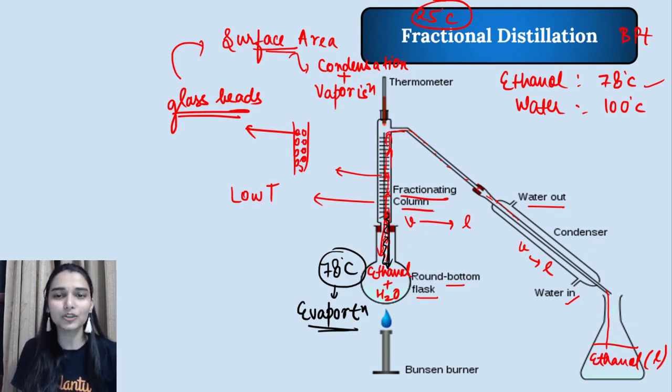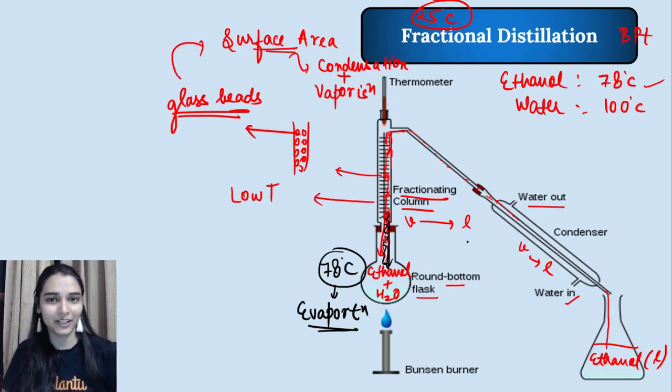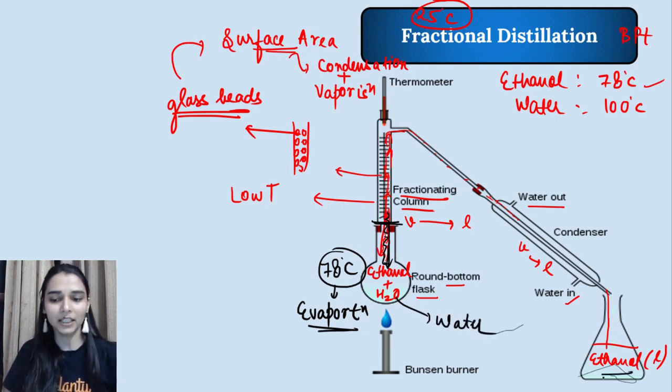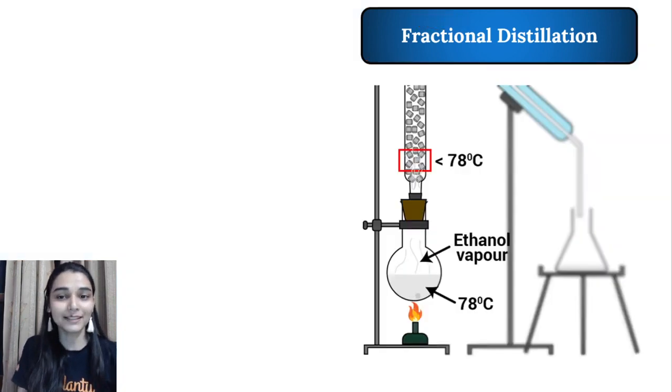So water particles do not have enough energy at this point to cross the fractionating column. So the fractionating column here is stopping water from clearing the passage and interfering with the ethanol. This is how we prefer fractional distillation. It happens like this. So water will be left behind in the flask, and finally ethanol you would be getting here. Okay, so you can employ this amazing method.